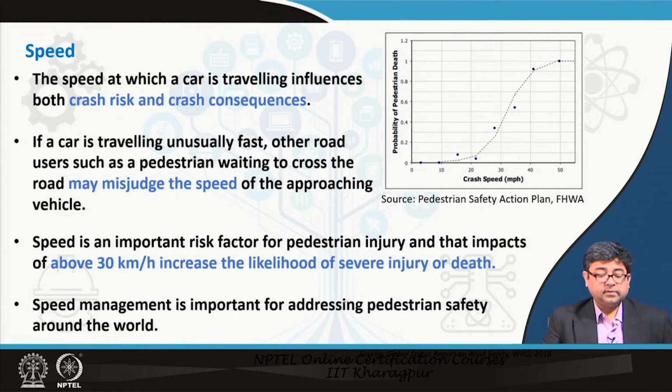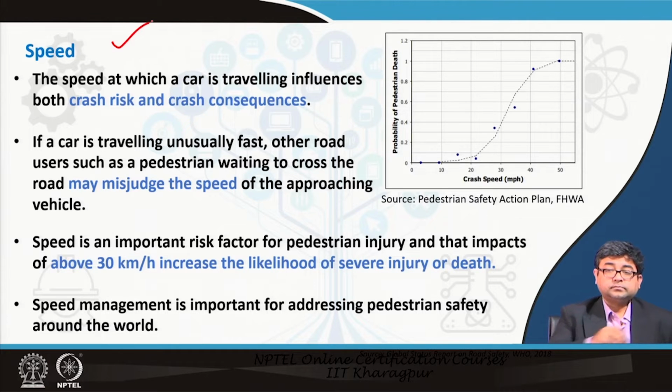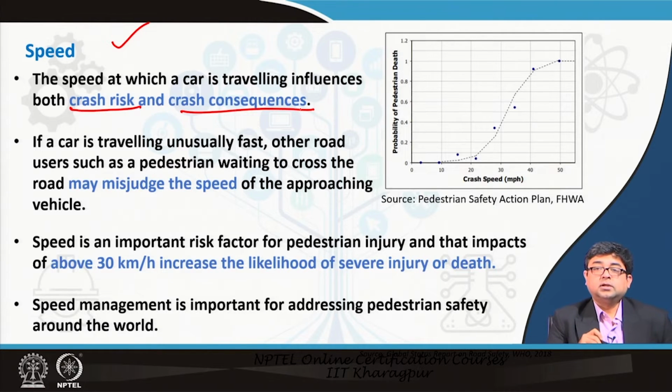So, when we look at the aspect of speed, what has been noticed is that the speed at which a car is traveling influences both the crash risk and the crash consequences. So, the speed determines not only the risk of a crash, but also what happens if you are involved in that accident.